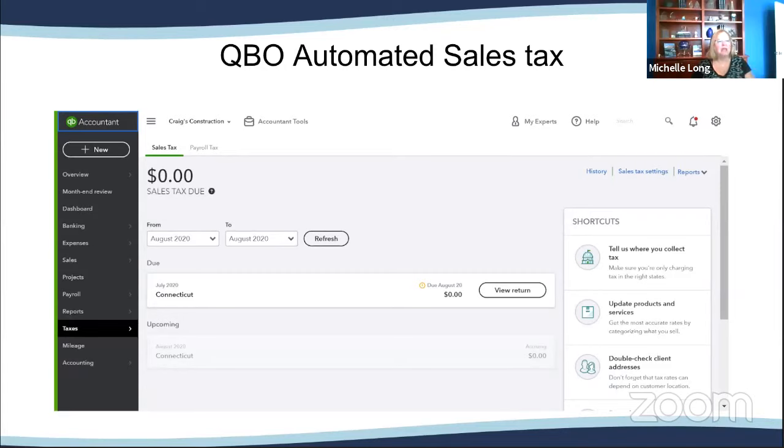Dan, did we mention that you may not use the sales tax feature in QuickBooks if you're using a third-party app or another system? If you do connect to Avalara and really outsource your sales tax calculations and functionality, they completely bypass sales tax payable and that sort of thing.